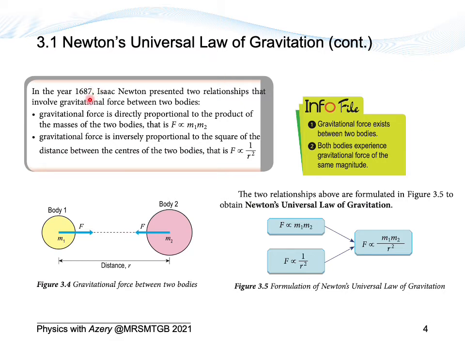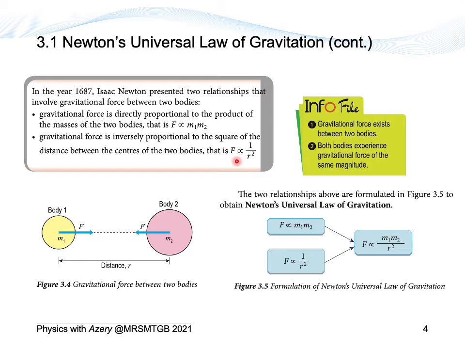In the year 1687, Isaac Newton presented two relationships that involve gravitational force between two bodies. The first one is gravitational force is directly proportional to the product of the masses of the two bodies. That is, F is directly proportional to m1 times m2. And also, he said that gravitational force is inversely proportional to the square of the distance between the centers of the two bodies.